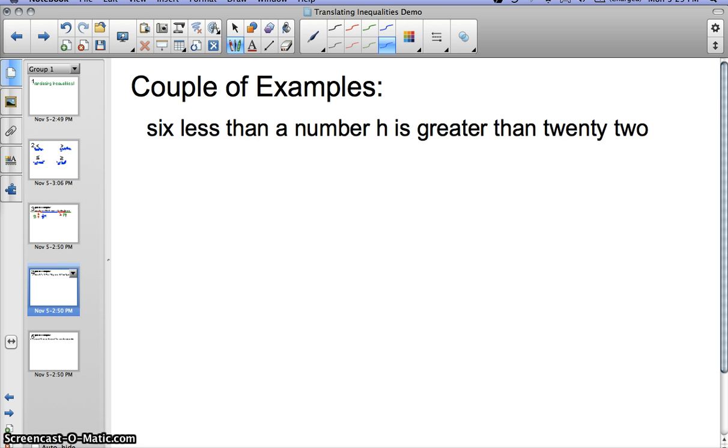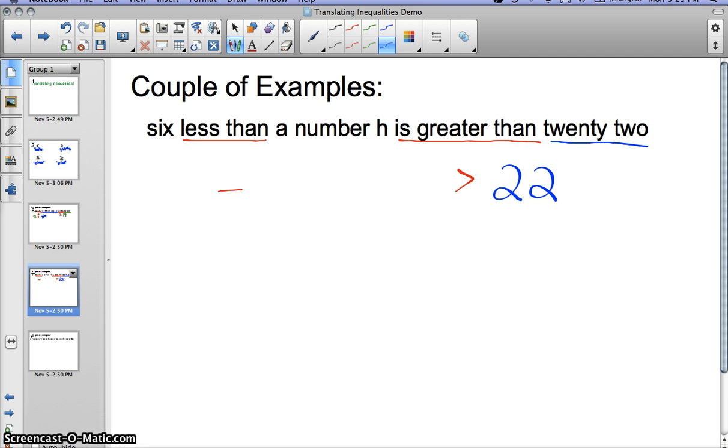6 less than a number, h, is greater than 22. Here's our less than, and is greater than, so we know we're going to have a subtraction. Greater than, obviously, is greater than. We've got 22, a basic number.